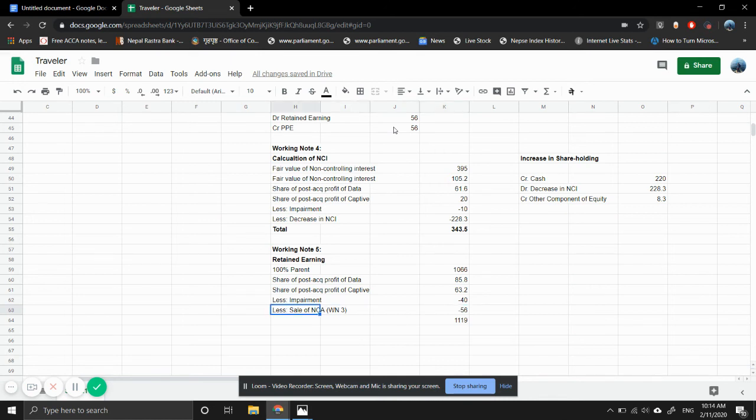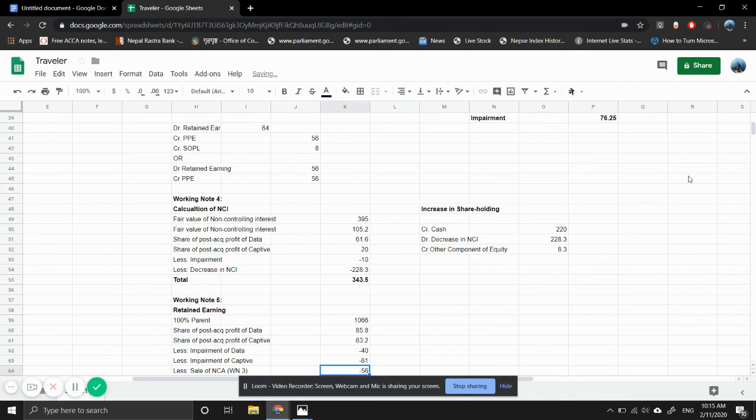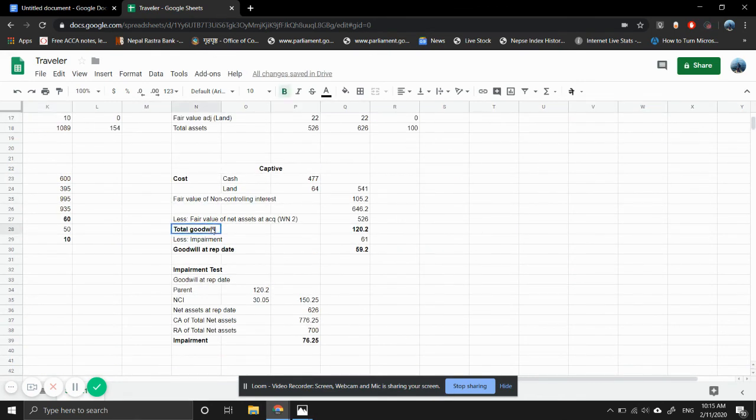Okay, what about the impairment of the other fellow? Impairment of Data, less impairment of Captive, right? So there is an impairment for that as well. Minus how much is it? So we don't need to, this is already for only parent, right? Why am I writing total goodwill over here?